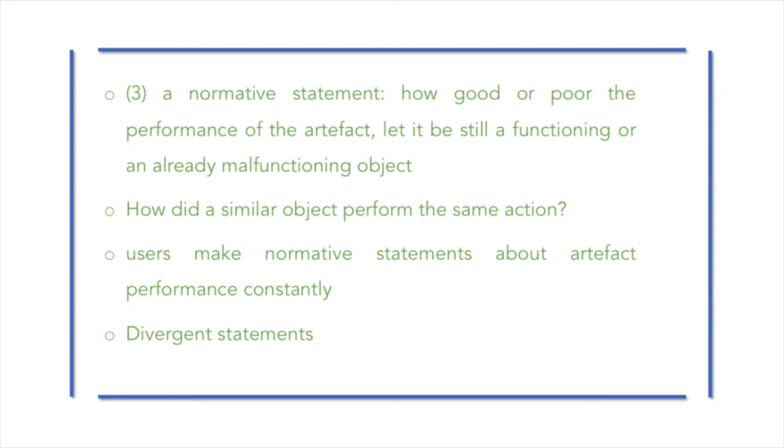And when judging an object's performance, users make normative statements like, this is a bad cell phone, this and that is better in terms of usability. For instance, there are many different, sometimes contradicting aspects of an artifact, and these can lead to divergent normative statements by different users. Thus, malfunction in this framework can be a slippery concept.